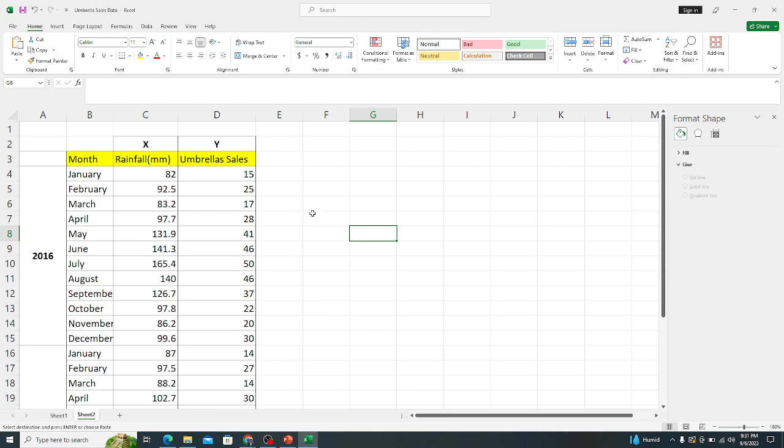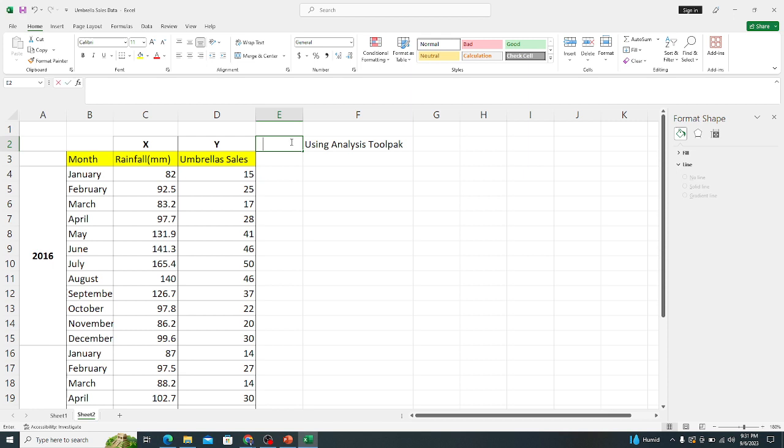The second method, using the Analysis ToolPak. So this is our second method. For the second method, we are now going to use the Analysis ToolPak.